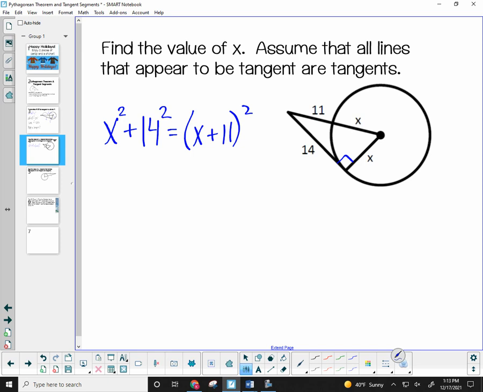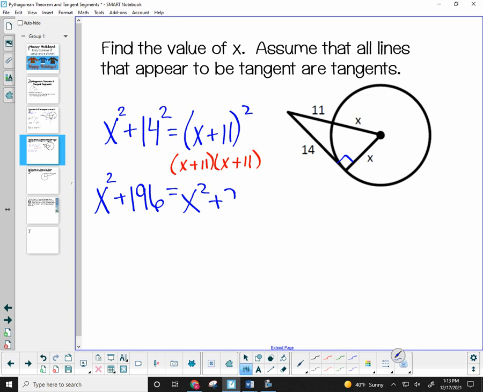Okay, so your algebra skills are going to come in here a little bit. We have x squared plus 196 equals, now keep in mind, the quantity x plus 11 squared is really x plus 11 times x plus 11. You need to distribute, or FOIL if you want to think about it that way. x times x gives me x squared. Now let's do our outer and inner: x times 11 is 11x, and the inner gives me another 11x.